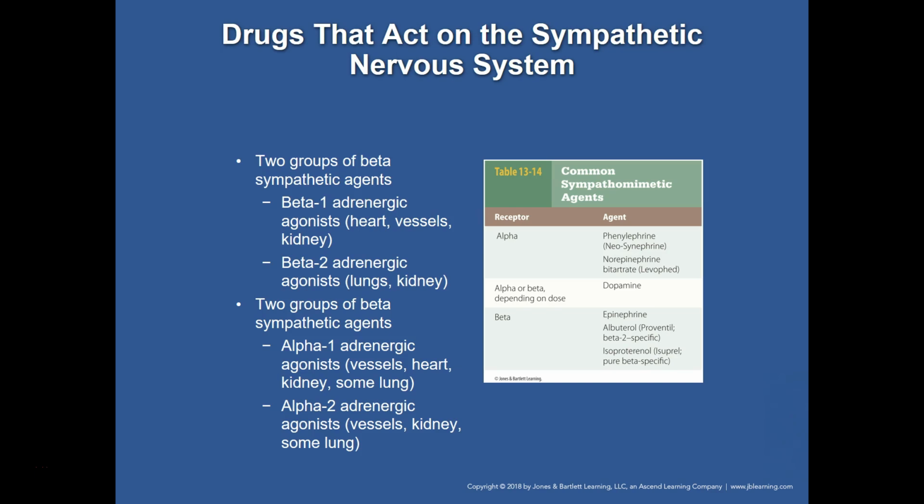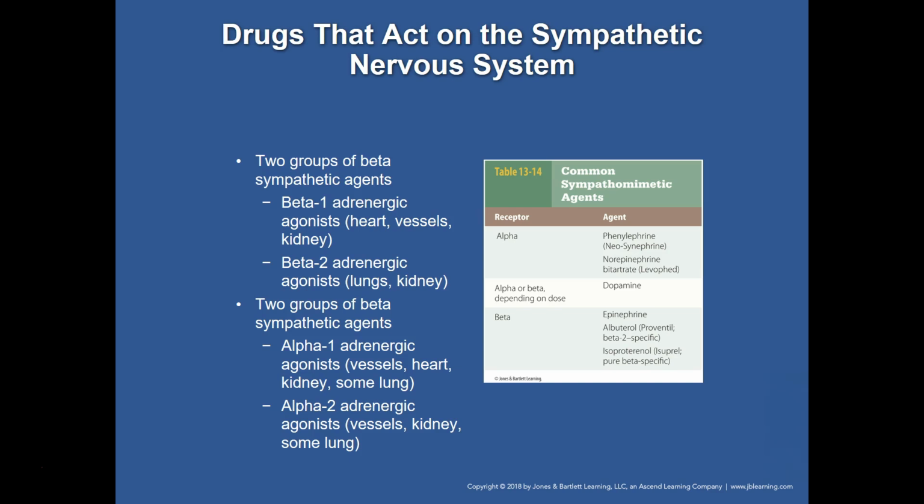So here's how that works. We're trying to stimulate the heart to beat, pump faster or pump harder. That's beta 1. So we give some epinephrine to a patient in cardiac arrest. That's going to be a beta 1 response that we're looking for. If we have a patient that's having trouble breathing, their lungs are bronchoconstricted and that kind of stuff, and we want to give them albuterol or Atrovent, mainly albuterol.